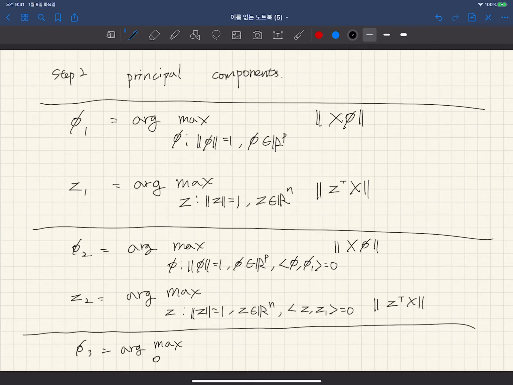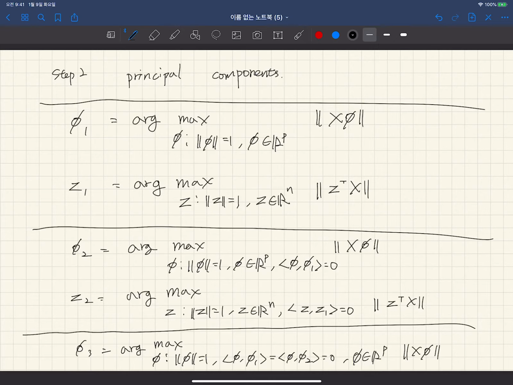Argmax pi, the norm is equal to 1. This should be orthogonal to the first principal component. This should be orthogonal to the second principal component as well. Of course, it belongs to p-dimensional space, and then maximize x times pi from the constraint space. Z3 as well. Okay, so you can define principal components in this way as many as you want.